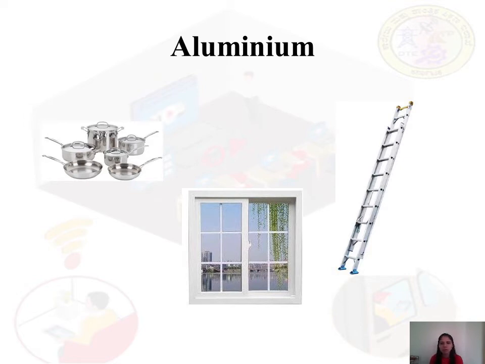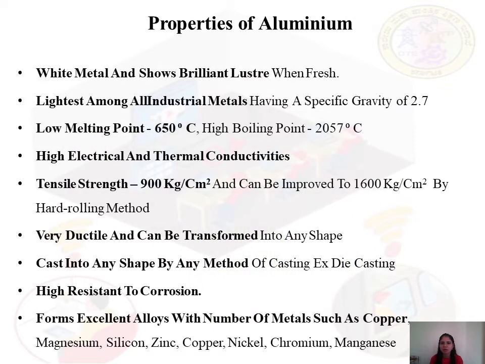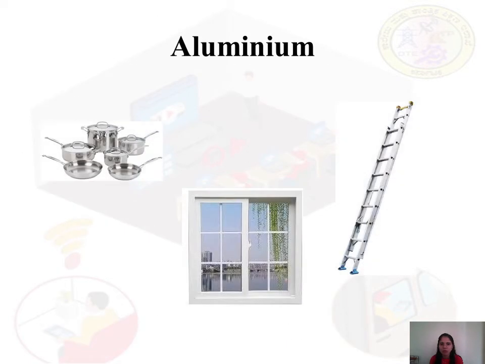The main thing about aluminum alloys is that they have low density. The density of aluminum is around 2.7 gram per centimeter cube. Aluminum is a good conductor of electricity and heat.